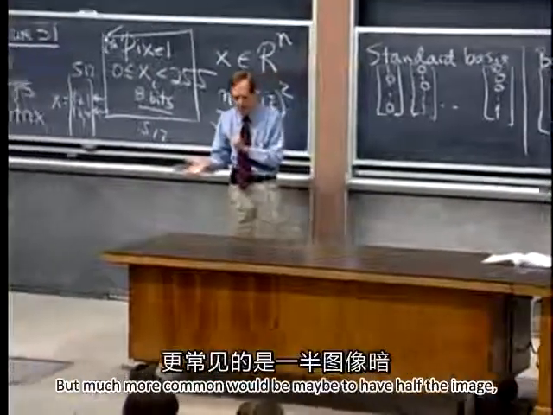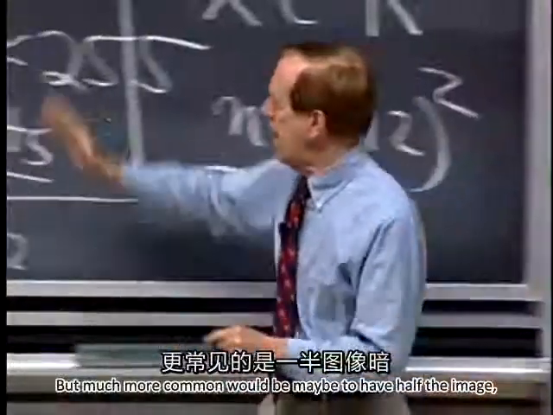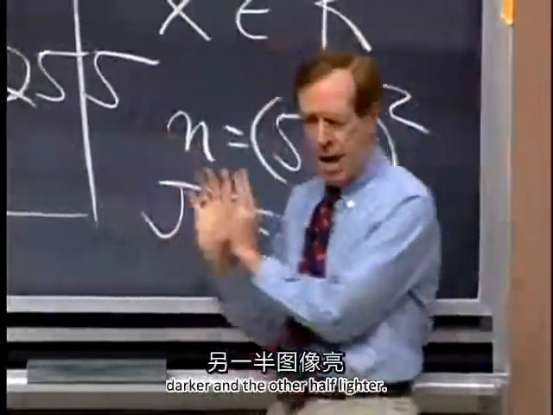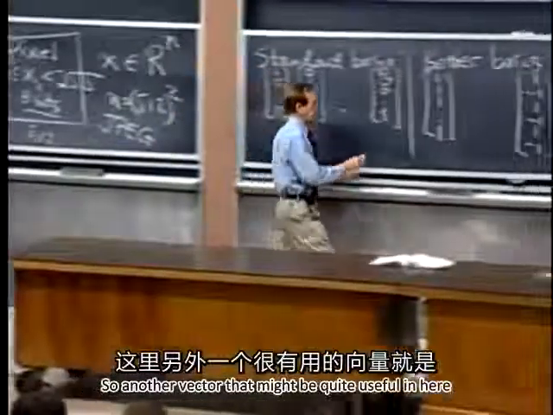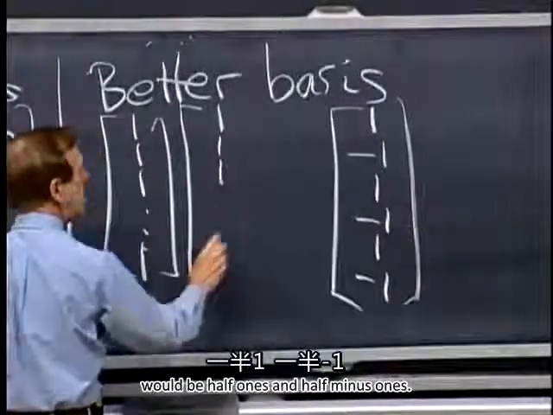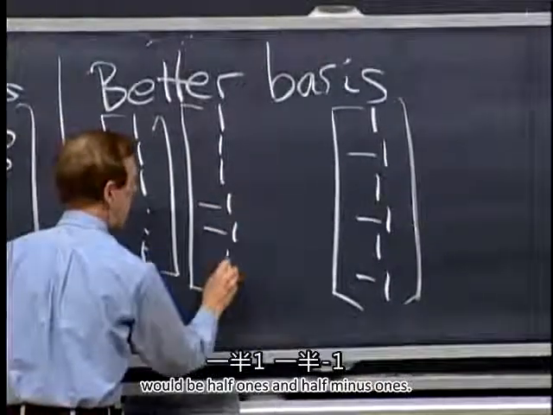But much more common would be maybe to have half the image darker and the other half lighter. So another vector that might be quite useful in here would be half ones and half minus ones.